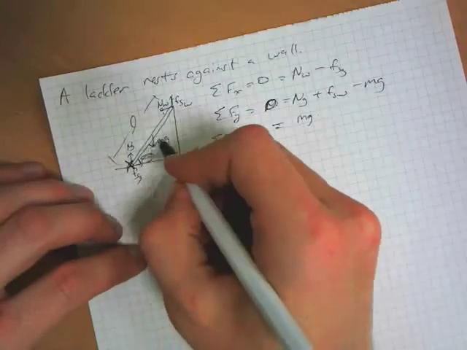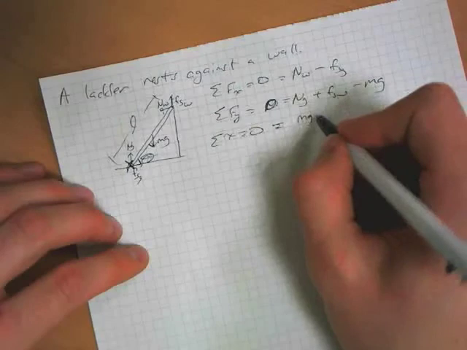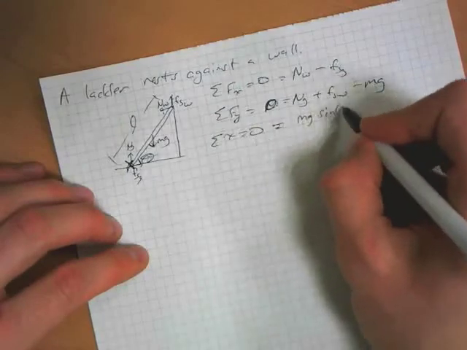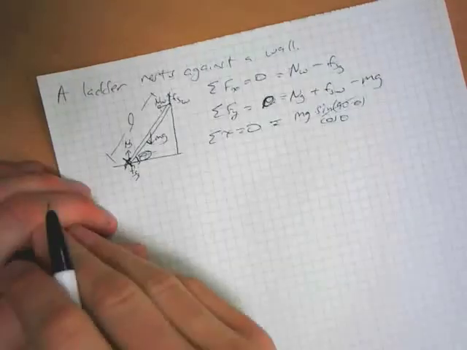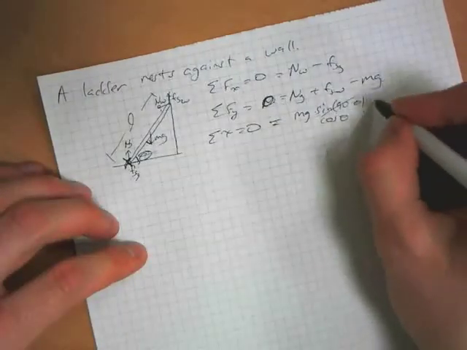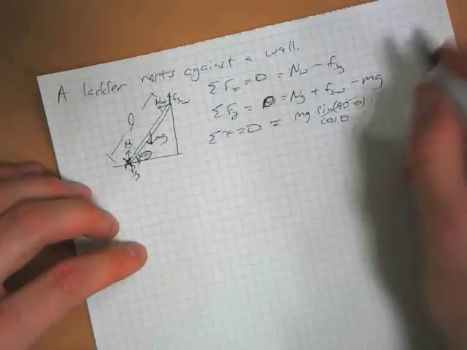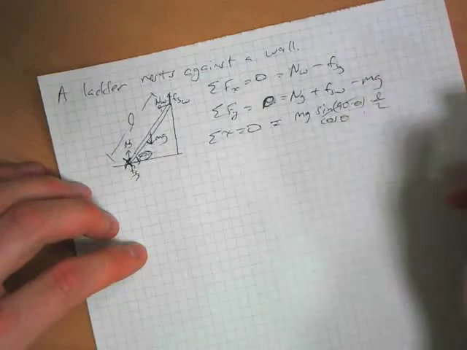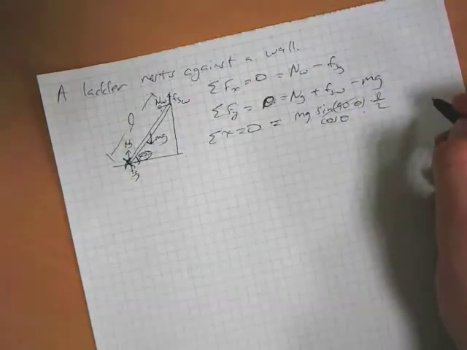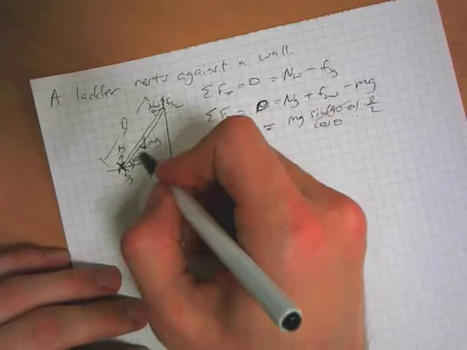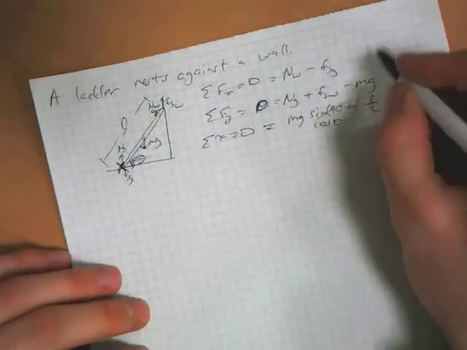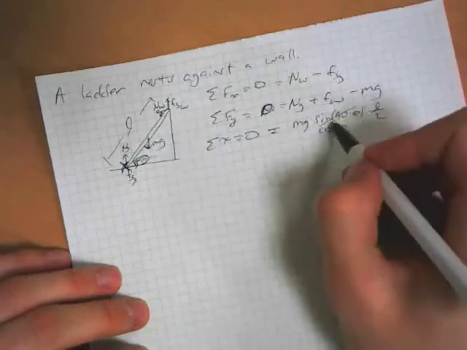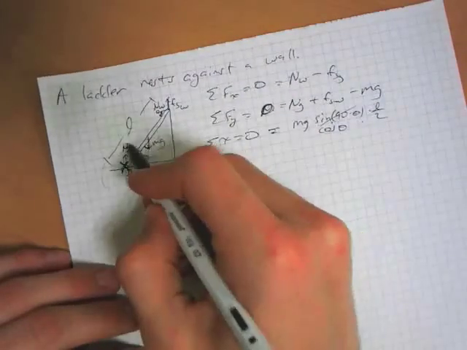So mg sine of 90 minus theta, which becomes cosine of theta, times r, and the distance this is from that pivot point is half the length of the ladder, L over 2. By alternate interior angles, this angle is the same as this angle. And this is a clockwise torque, so that would be negative.